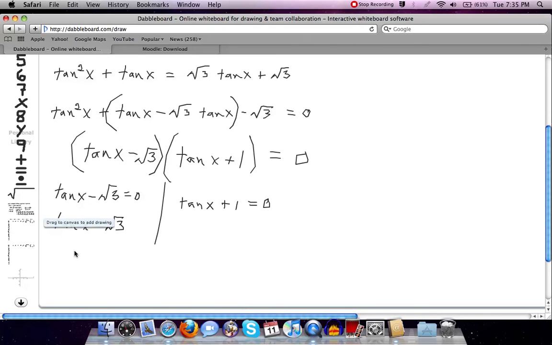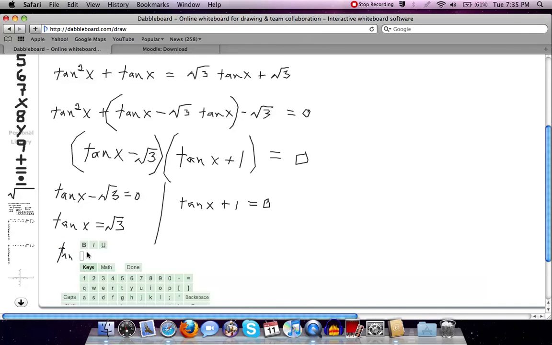That would be 60 degrees or pi over 3. And tangent's positive in quadrant 3 also. So that would be 240 degrees. That would be 4 pi over 3.